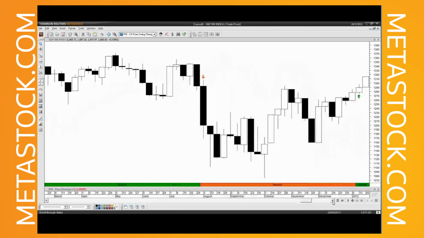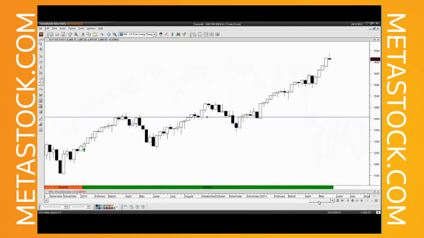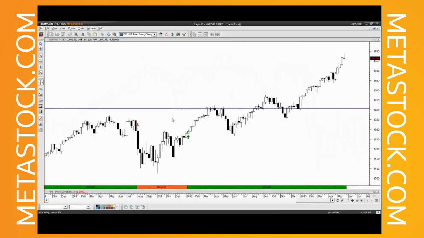And then over here, I had my swing for up, and this is the last signal that we had on the S&P on the weekly time frame, is this swing to go higher, and we are still long. Okay?